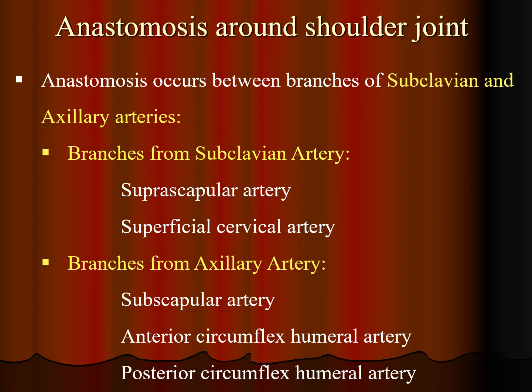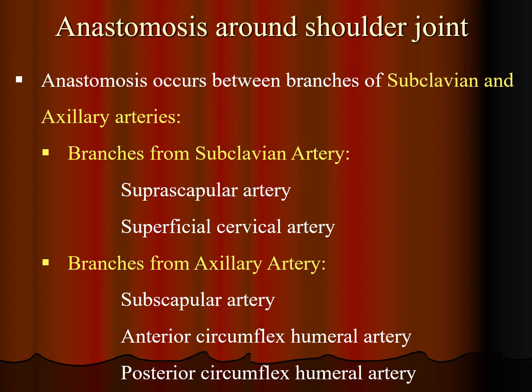So anastomosis means the branches of the arteries are united together. Why is it present around the joints? Because the joint is a movable structure compared to the rest of the body, which is almost fixed.